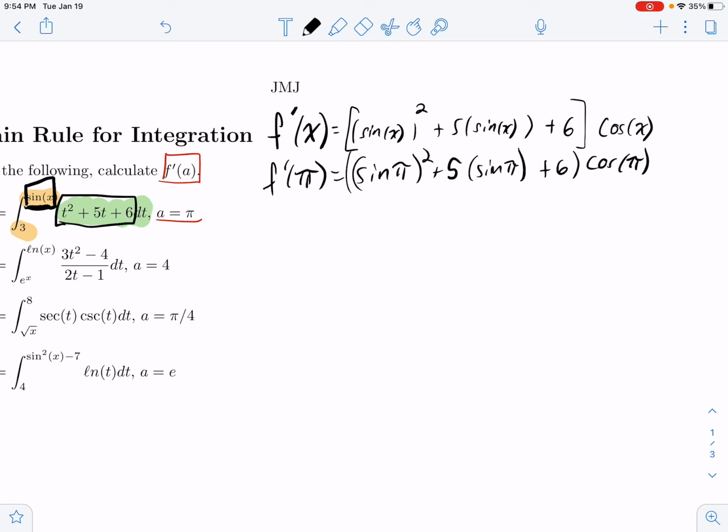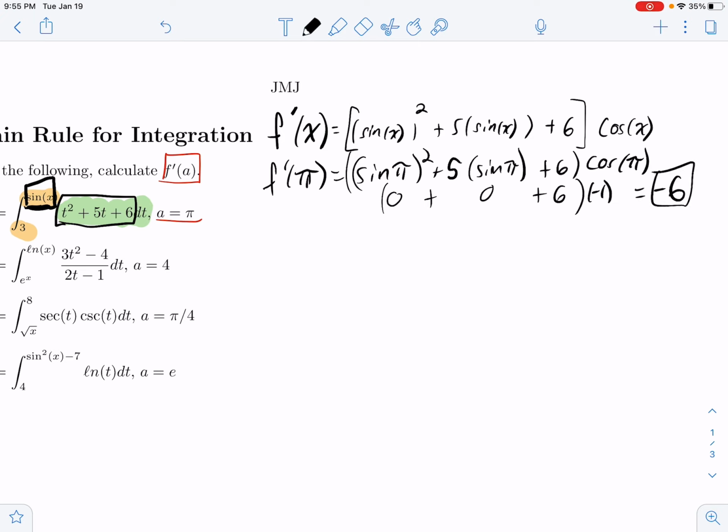So this will be 0 plus 0 plus 6 times cosine of pi, which is -1. Times -1 equals -6 is your final answer.